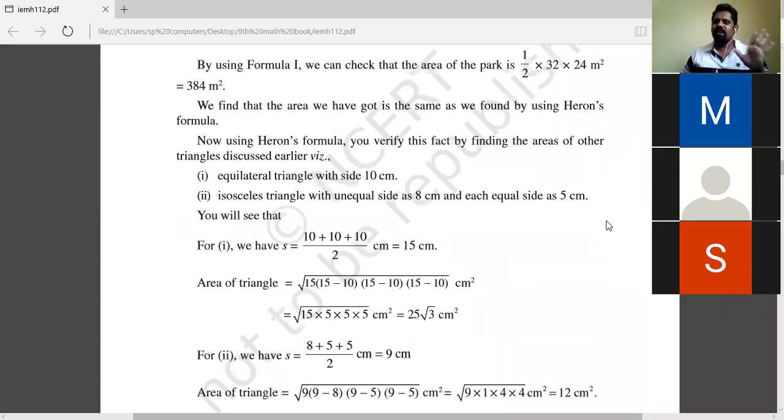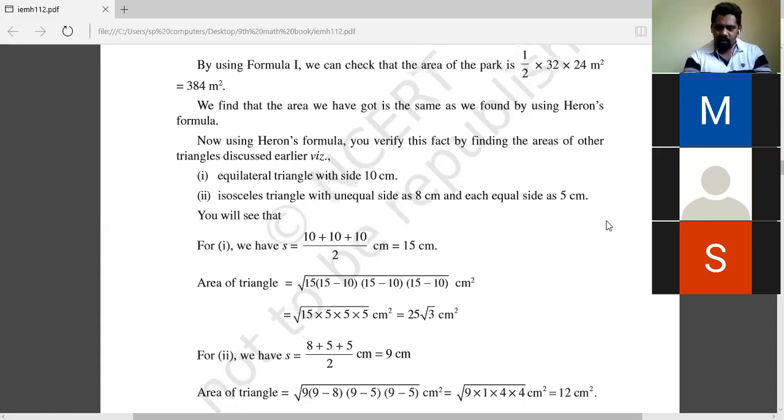Yes, both are useful and advantageous. If all three sides are not known, only one side is known, and from that the perpendicular distance is known, then we can use the normal formula. When all three sides are known, we directly use Heron's formula. No need of finding the height. According to the given things, we can use the formula. So we all know two formulae to find the area of a triangle.